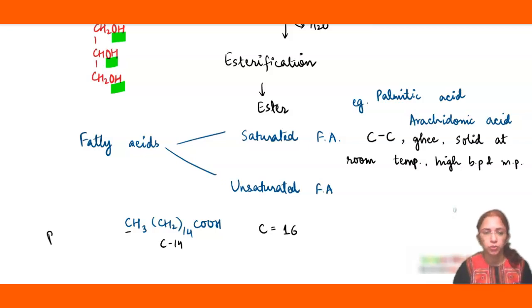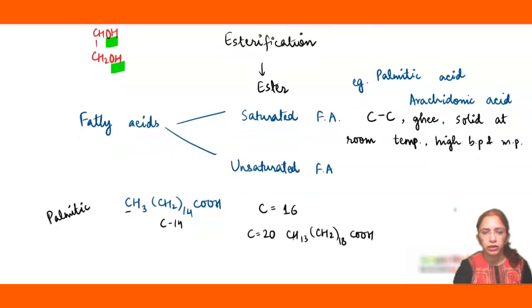Okay, so palmitic acid falls in the category of saturated fatty acids and it has 16 carbon in its structure. Whereas arachidonic acid possesses 20 carbon in its structure. So it would be written like this. This is important to learn.